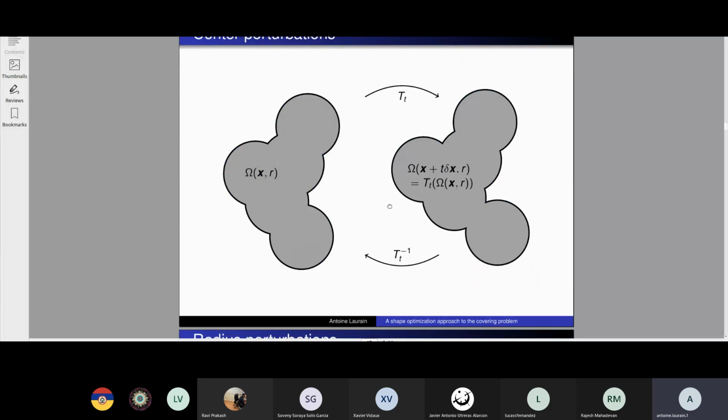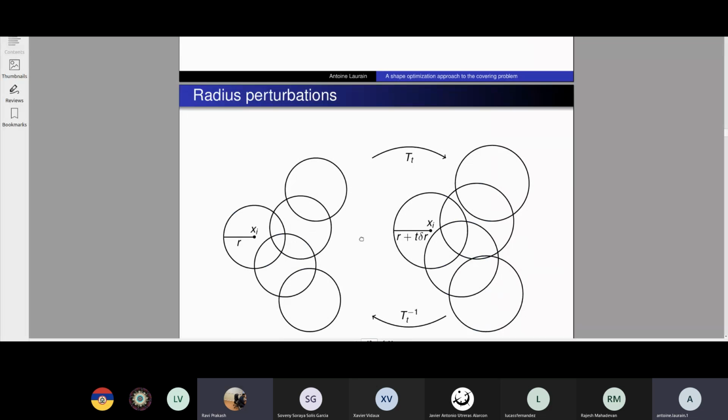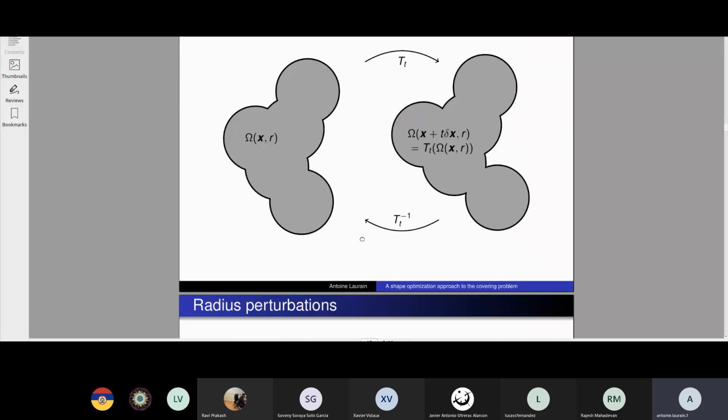So what I need is a transformation capital T, which transforms omega into the set omega of x plus t delta x.